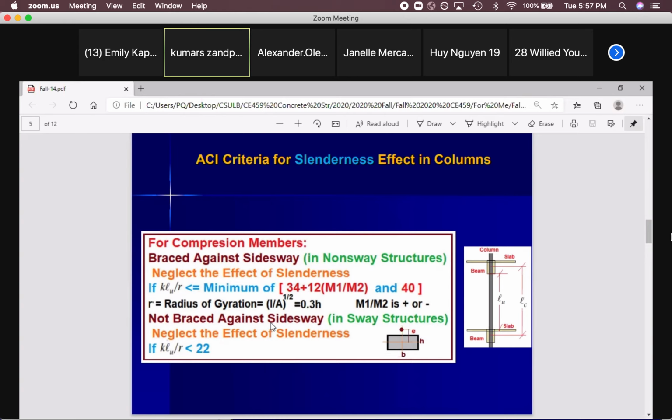It should be for grad studies, but it's exactly the same and not that hard. In this case, if KLU over R is less than 22, consider it a short column. But if KLU over R is greater than 22, you should consider it a slender column. So in this class, we should check this one.